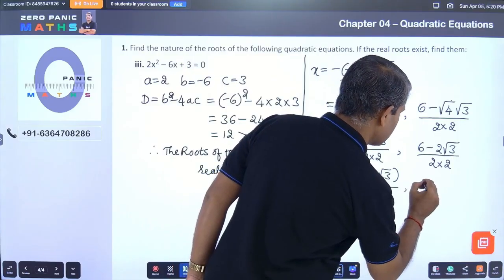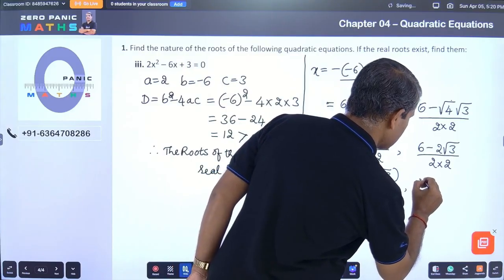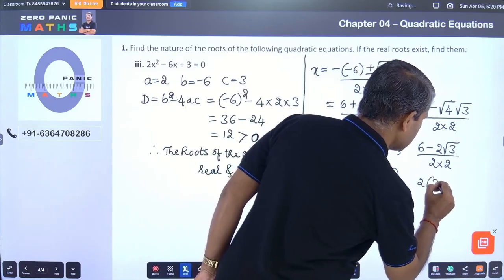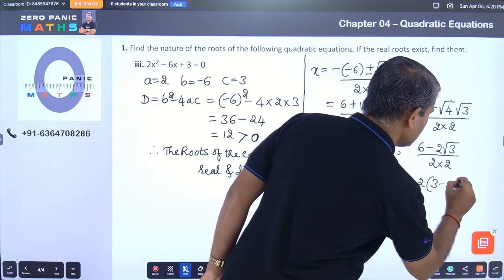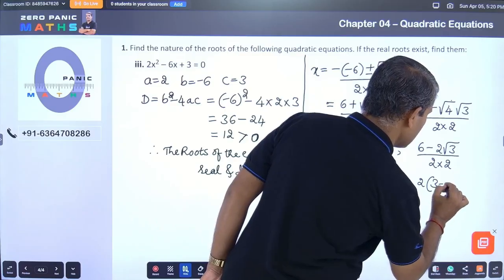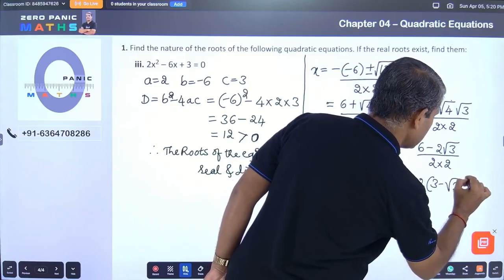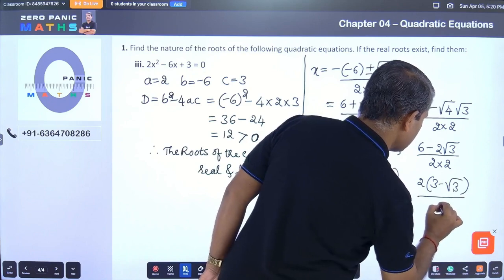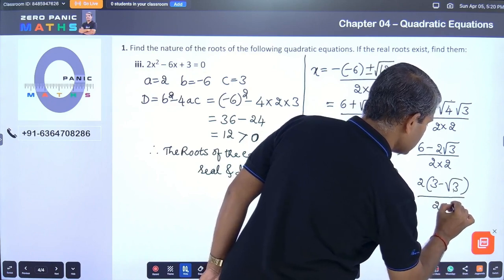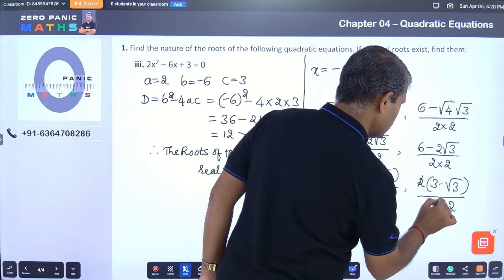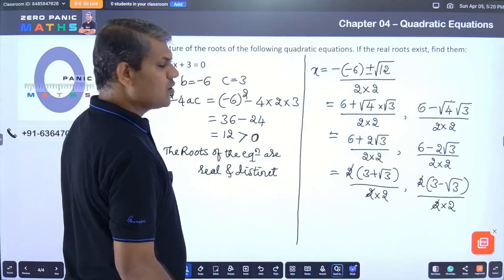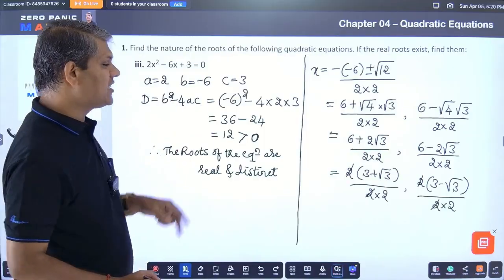Okay, that step was also fine. So 2 is common here also, 3 minus 2, sorry, 2 is already out. So 3 minus square root of 3. So 2 got cancelled. So what are the two real and distinct roots?